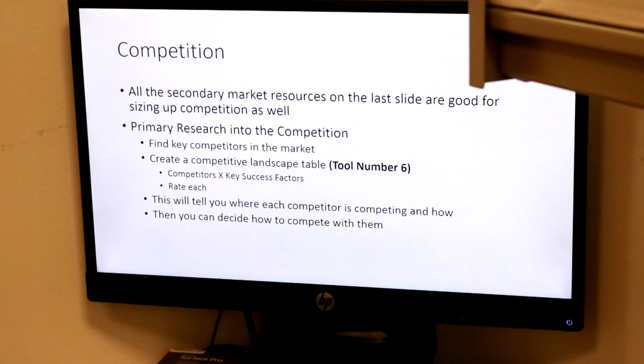If you're going into a grocery business, Walmart is important, and the Speedway station probably is not. There's different ways to figure out who's important, and if you need help with that, we can talk about it. But what you need to do is put those competitors in a chart, figure out how they're competing and how, and then you can decide how you're going to compete with them.